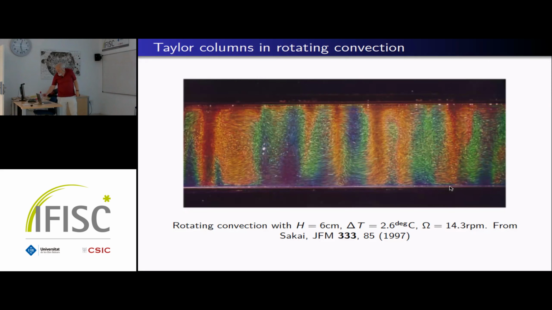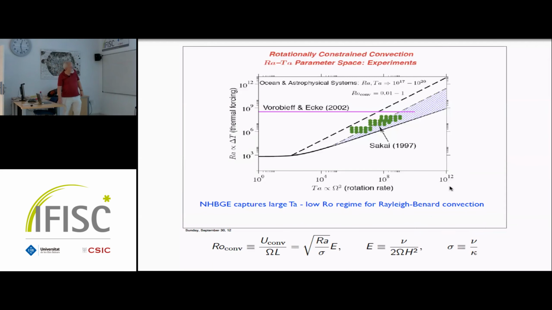So I want to understand how this kind of structure relates to the purely 2-dimensional system that we've been talking about. So I have to tell you a little bit about parameters that are relevant to rotating flows. So bear with me. So here is the parameter plane. On the vertical axis, this is a log-log plot, is the Rayleigh number.